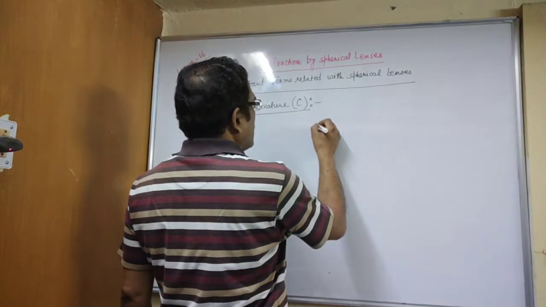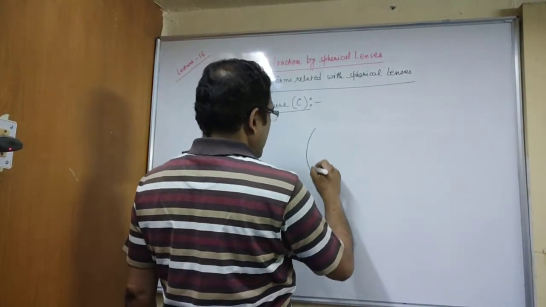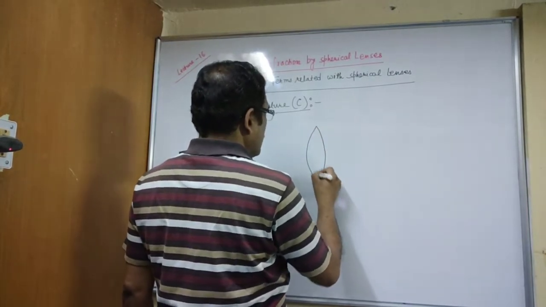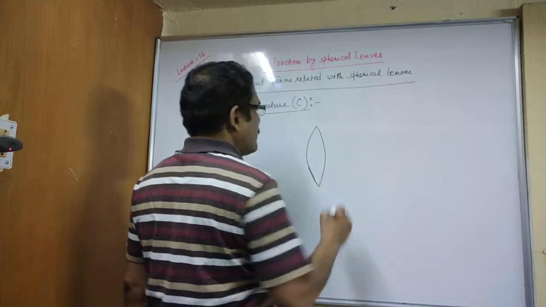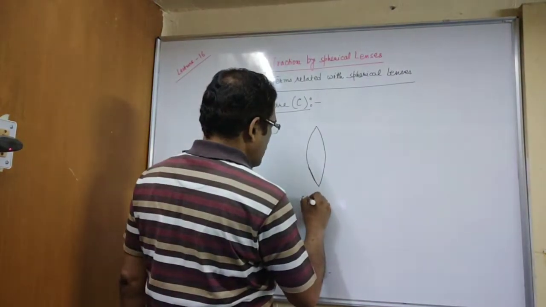First suppose there is a convex lens, a double convex lens or convex lens.